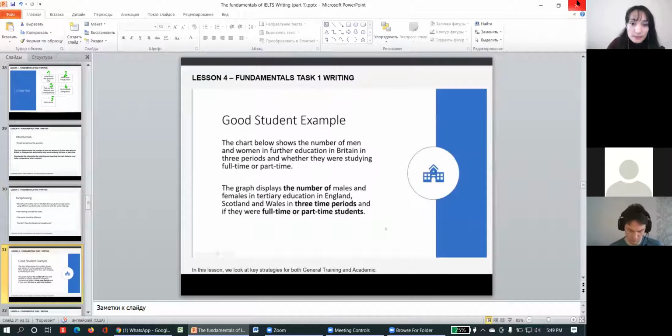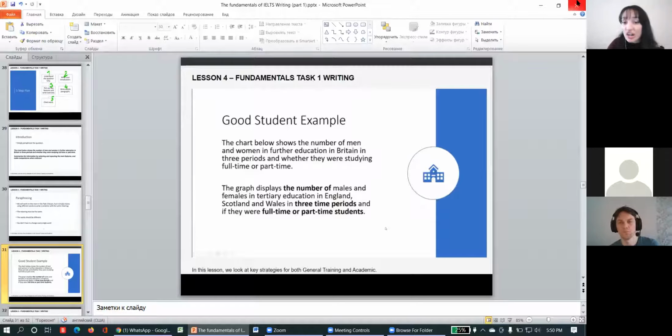We'll see it later. Okay, here, a good student example. The chart below shows the number of men and women in further education in Britain in 3 periods and whether they were studying full-time or part-time. So the paraphrasing of the good student will be the graph.